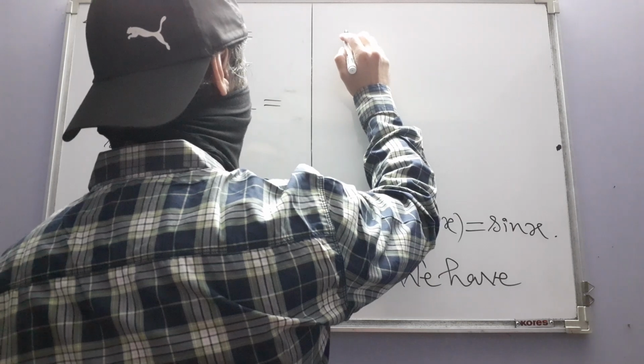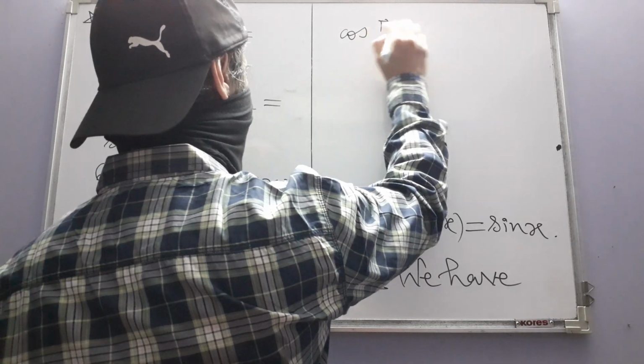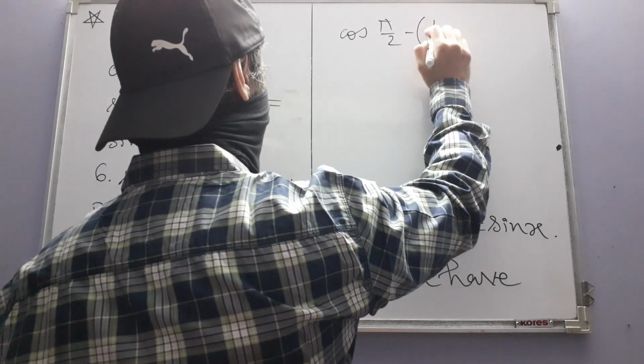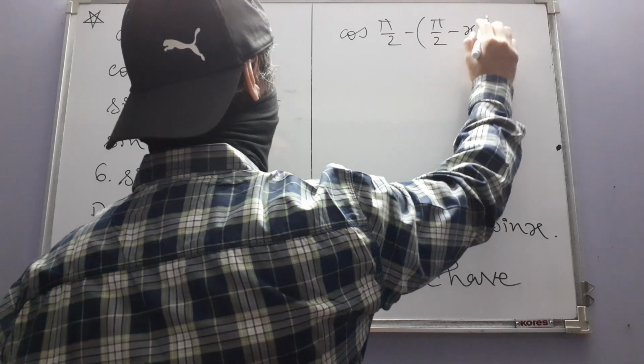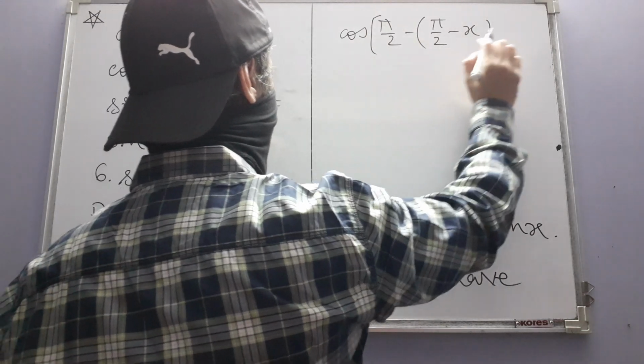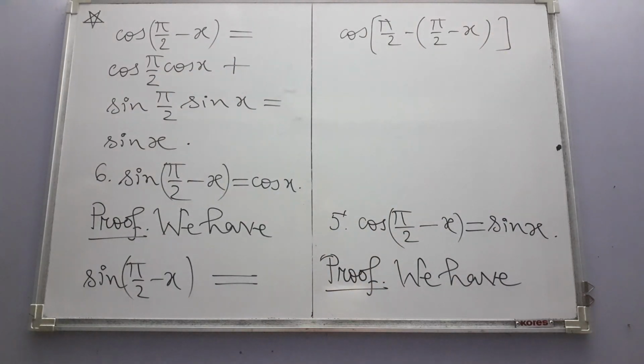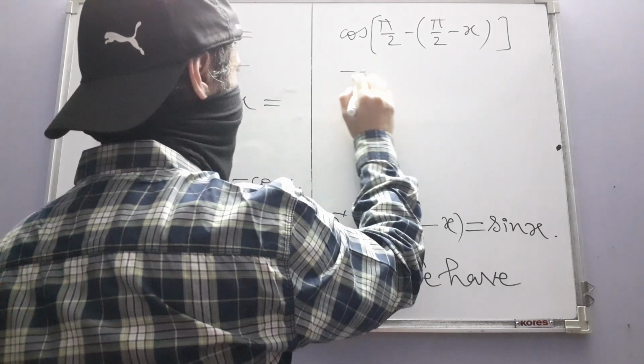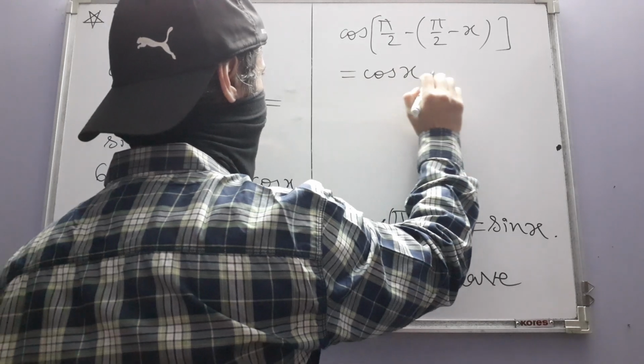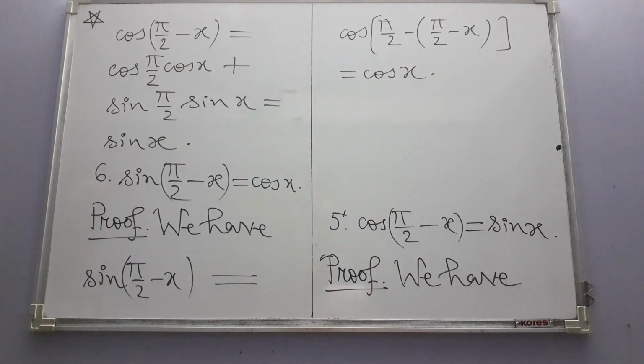Then this should be equal to cos of pi over 2 minus, pi over 2 minus x. So we are simply using the fifth one, and this is nothing but cos x. So that way we have the sixth one also.